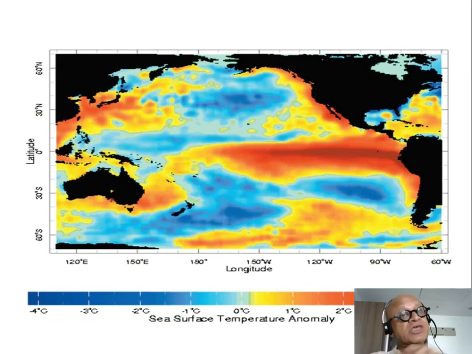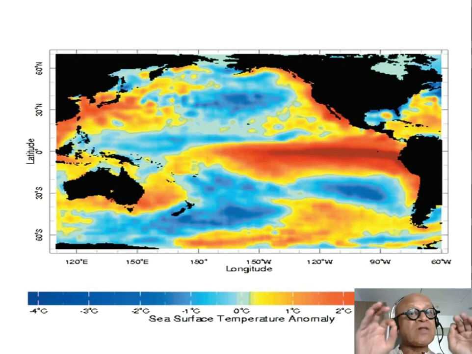Remember, we said ocean takes up more than 90% of the excess energy during global warming. This East Pacific is one of the largest regions where the ocean is soaking up this heat. So how the East Pacific responds to global warming determines whether the ocean will continue to take up just as much heat or not. Okay, slightly different issue than El Nino, because El Nino is natural variability.